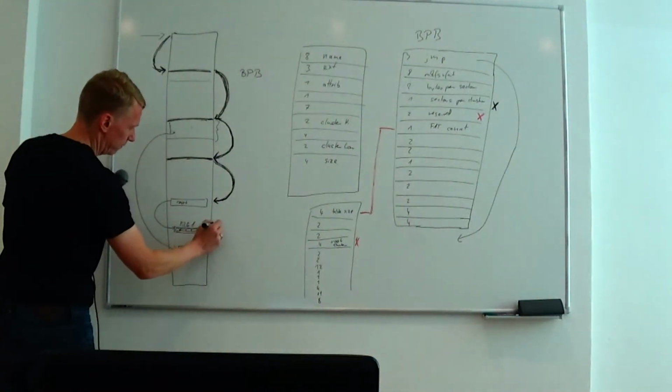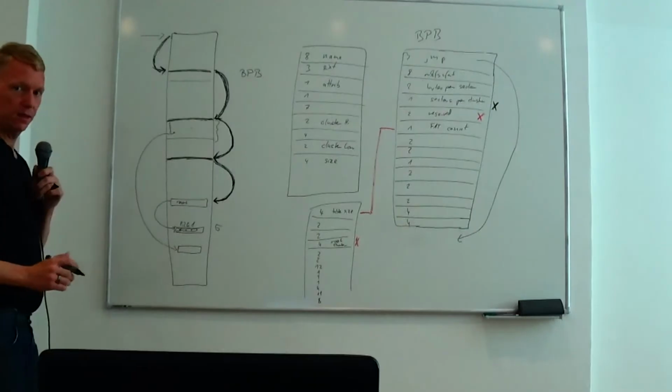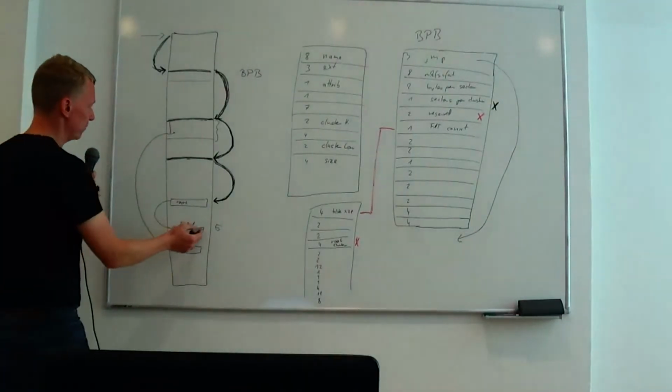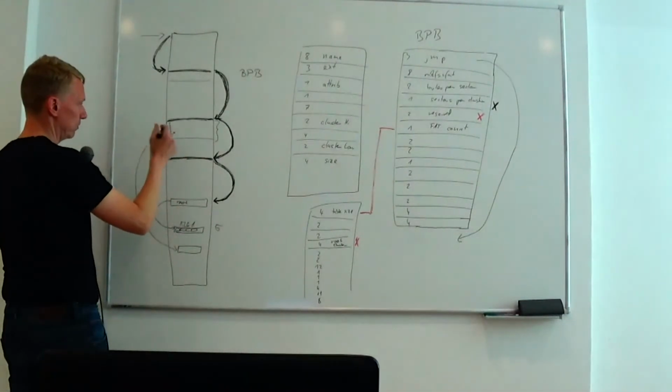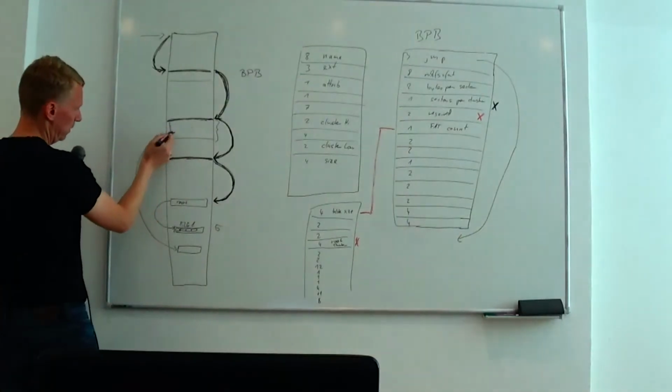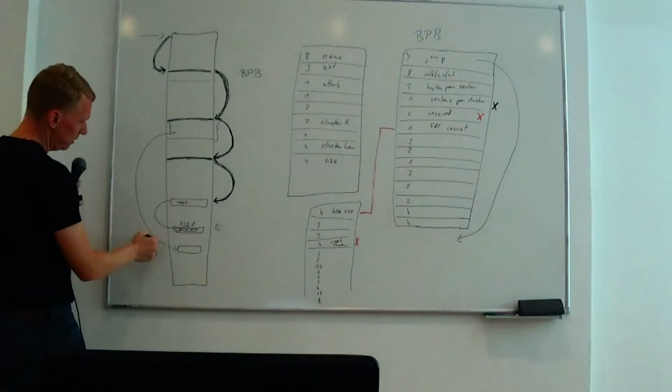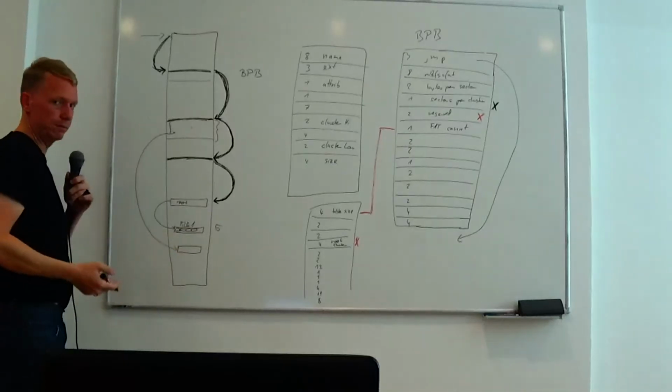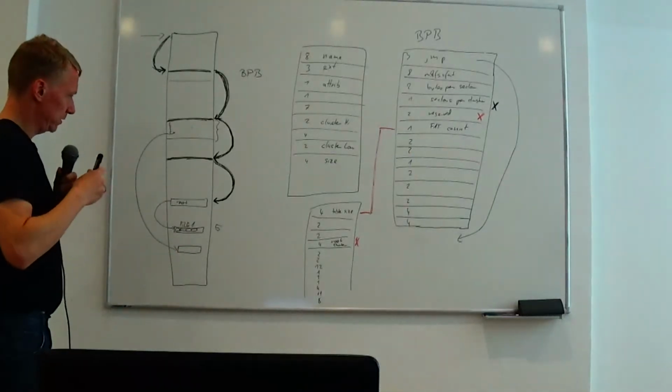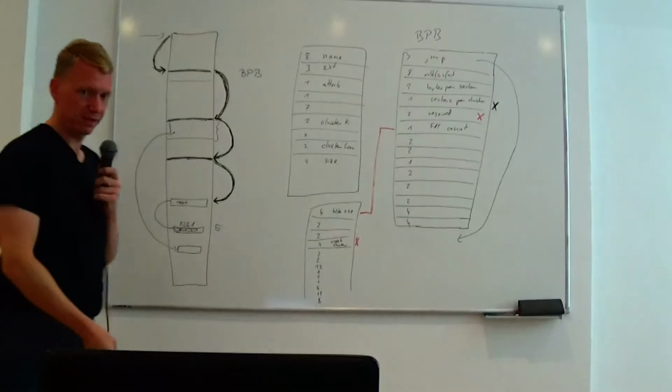Here, 5. Then we just have to look in the file allocation table into position 5, and that will give us the cluster number of the next cluster. Okay? So I think that sounds simple enough, right?